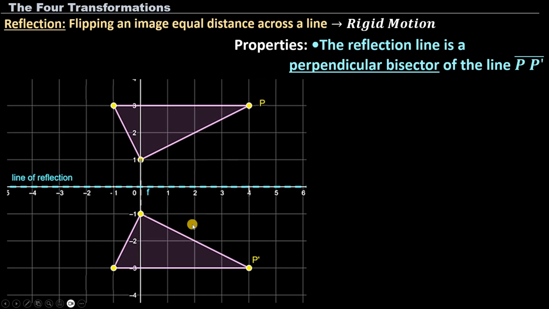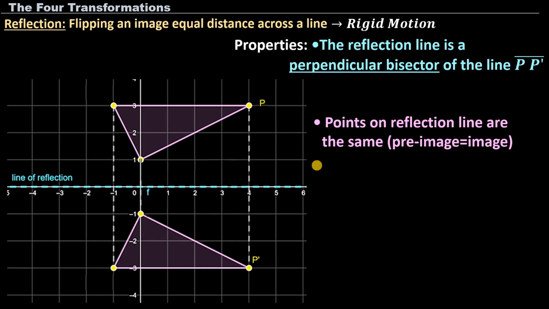So what it means is once we've reflected this triangle, if we look at what is the pre-image and what is the image, and we draw a line from a pre-image point to its prime point, the line of reflection is perpendicular to it, so it makes a right angle, and it's a bisector. It's perfectly cutting this line in half. So this total distance here is 6, but it's 3 on the top side and it's 3 on the bottom side.